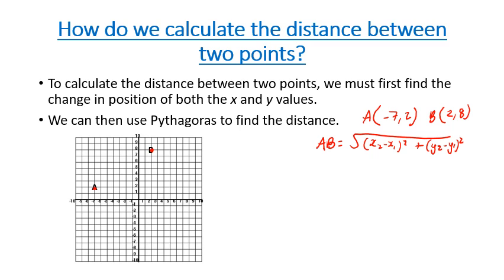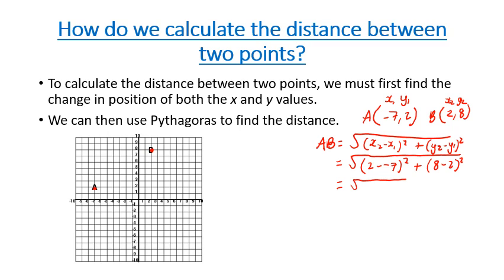And remember that x1 and y1 are the x and y coordinates of our first point, and x2 and y2 are the x and y coordinates of our second point. So this becomes the square root of x2, which is 2, take x1, which is -7 all squared, plus y2, which is 8, take y1, which is 2, all squared.